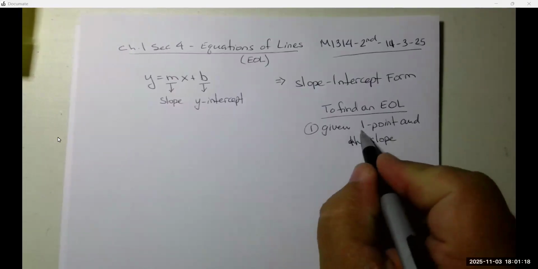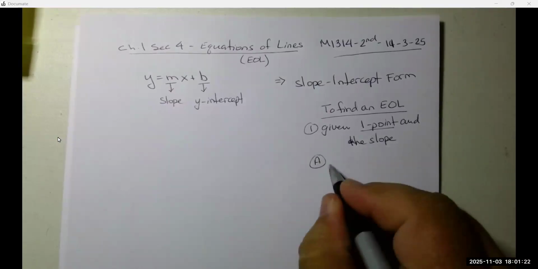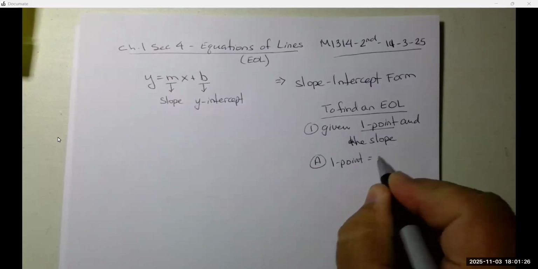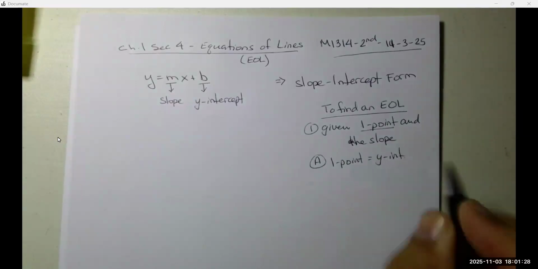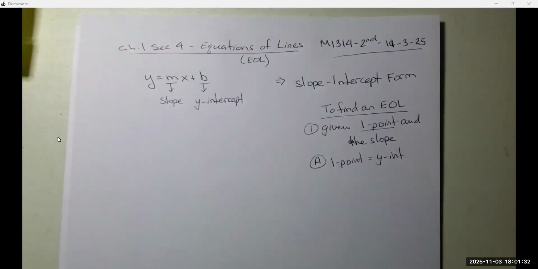So the first point we're going to look at is, in this one, the point will be the y-intercept. Remember, last week we talked about how do we find the y-intercept? What's the procedure for finding the y-intercept?